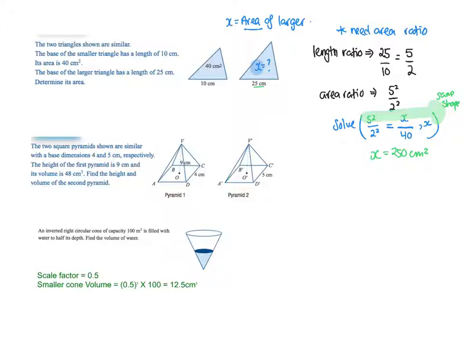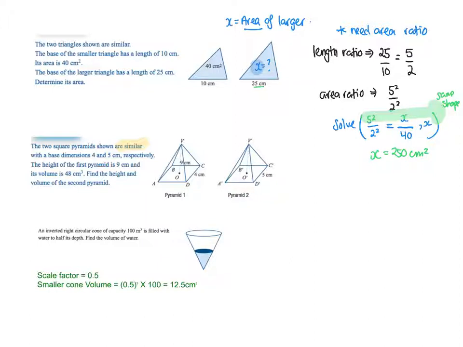Let's start this pyramid one. So 2 square pyramids are shown to be similar. So as long as they say those words, similar, we can use it. And then they've got the dimensions, and let's look for what the question is.